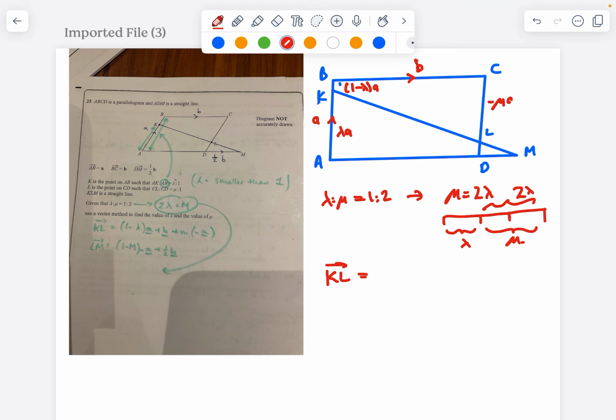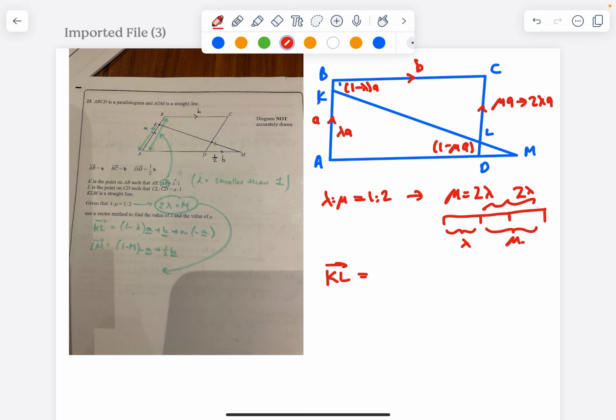Actually, let's make this consistent. So we've got 1 minus mu A and mu A, because now they're all going in the same direction. I'm going to switch this mu A, because mu is equal to 2 lambda, so I'm going to call it 2 lambda A.